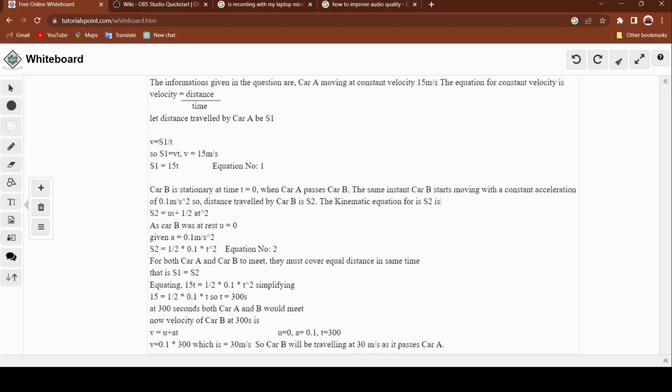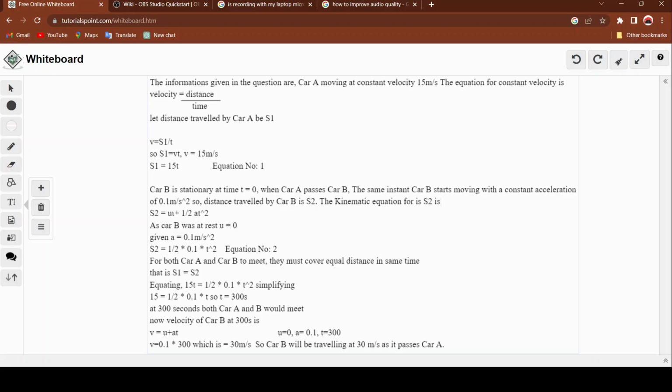Now comes the case of car B. Car B was stationary at time equal to 0. But when car A passes car B, at the same instant car B also starts moving with a constant acceleration of 0.1 meter per second square. Here we can take S2 to be the distance traveled by car B. The kinematic equation for distance used here is S is equal to ut plus half at square.